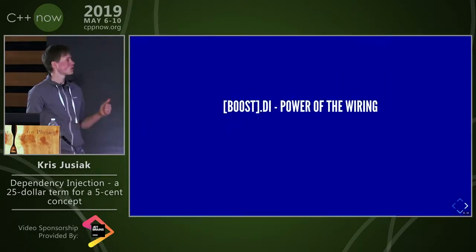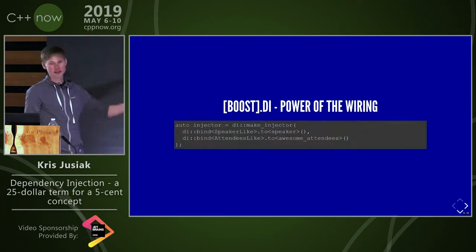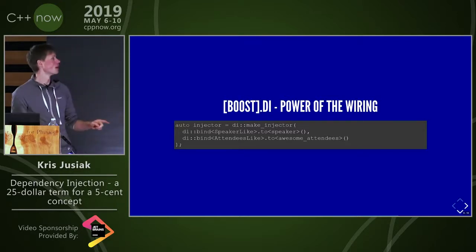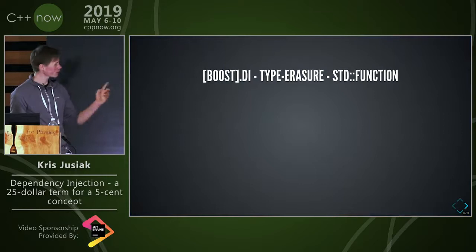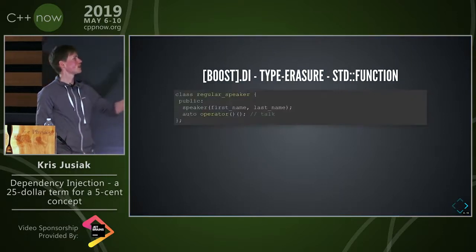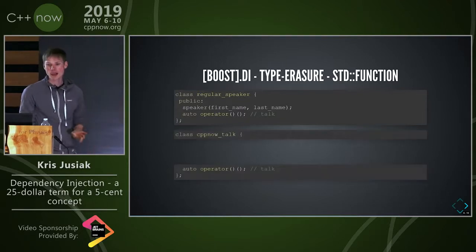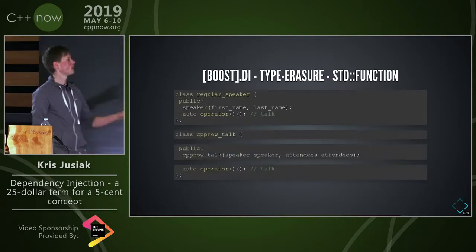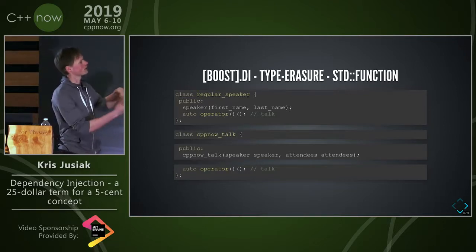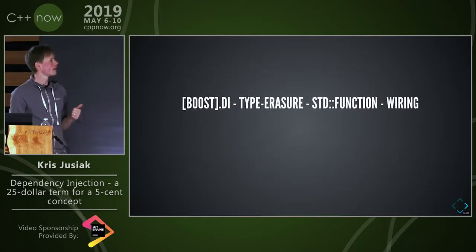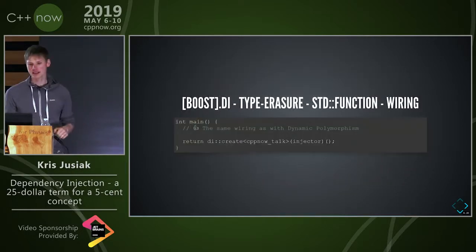So to sum up DI, the power of wiring. Let's take a look at that guy and remember that without changing it, we can actually go to a lot of concepts. So type erasure. If you change the regular speaker to have a functional approach, the idea is that instead of talk we have the function call operator, and the main thing is that it's the same wiring.